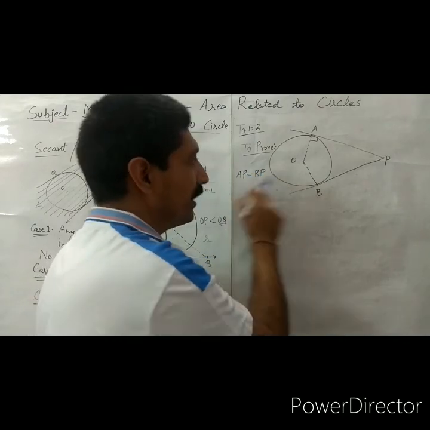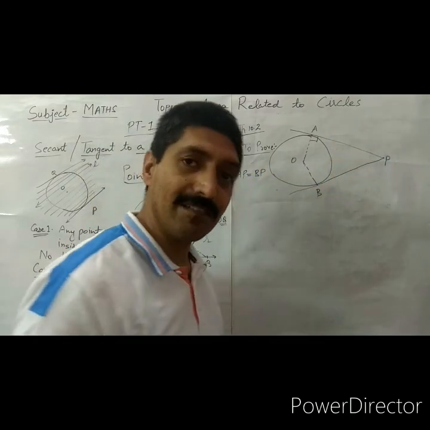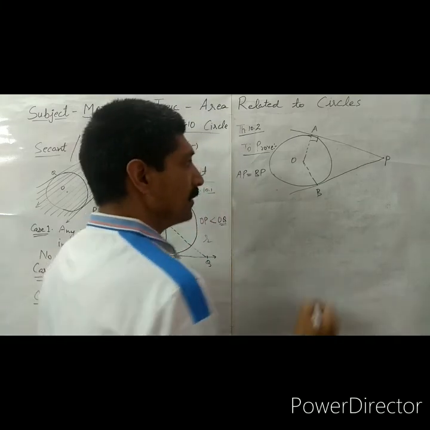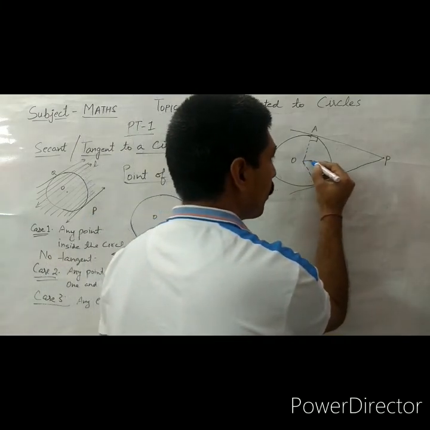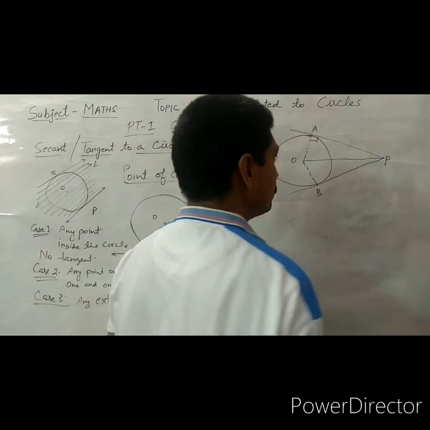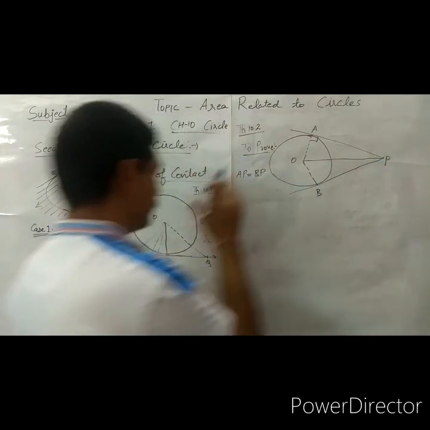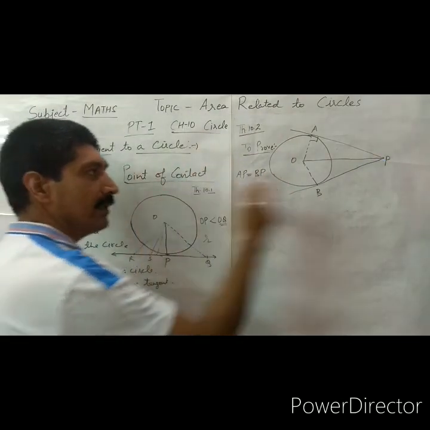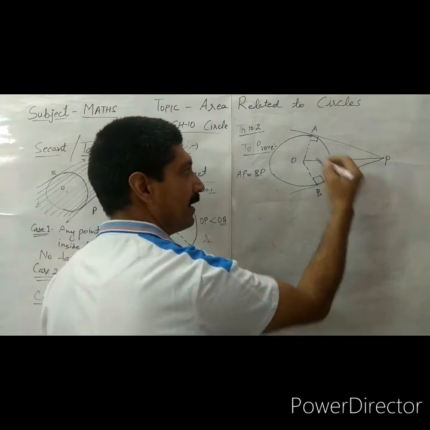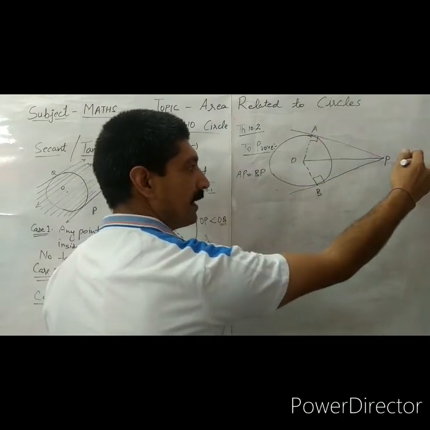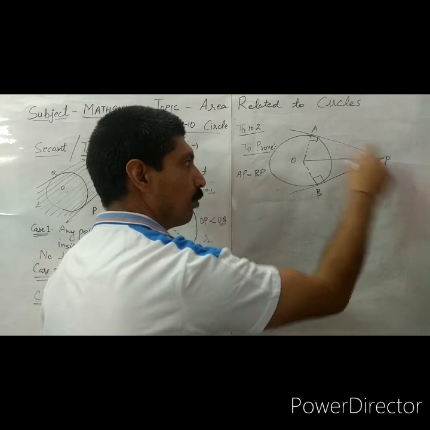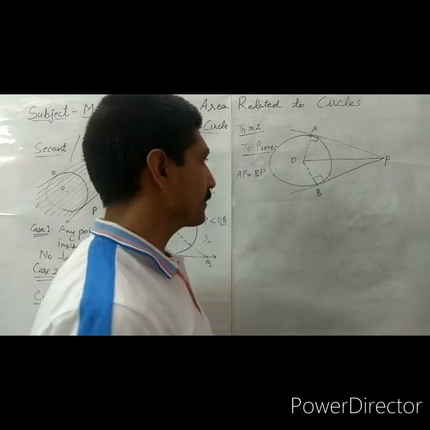We want to prove that the length of the pair of tangents is always equal. So here let's join O with P. We know by theorem 10.1 that these two angles, angle OAP and OBP, are both 90 degrees.